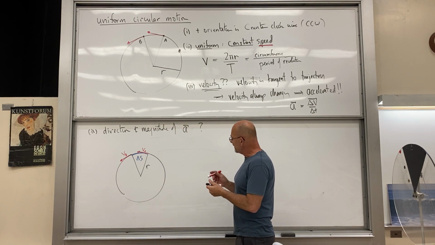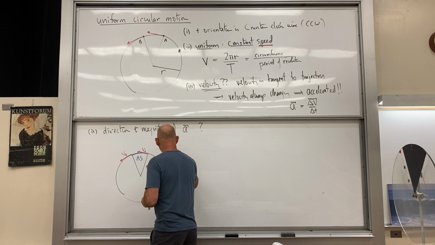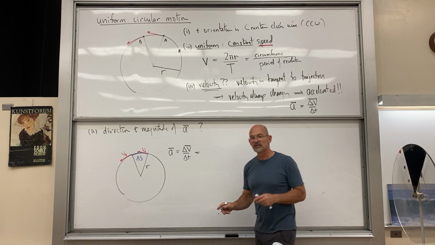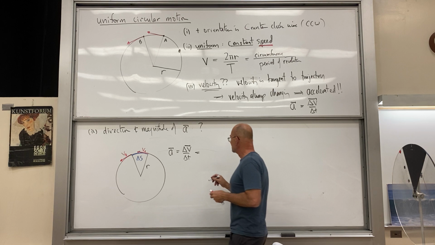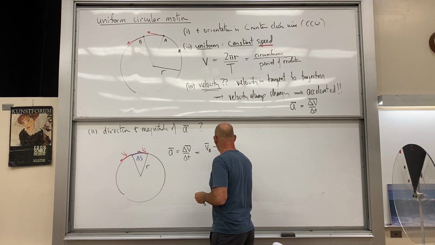So the acceleration a equals delta V divided by delta T. So we're going to do our little vector arrow addition. The delta V is the VB minus VA divided by delta T.